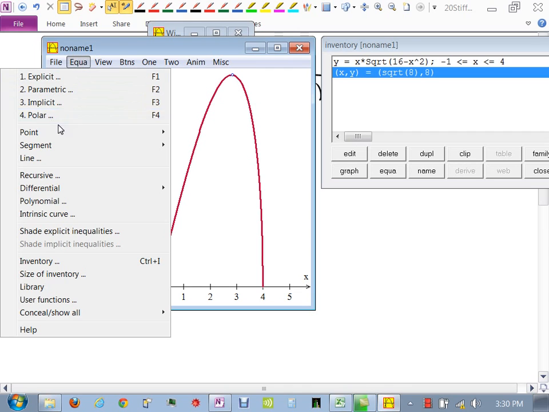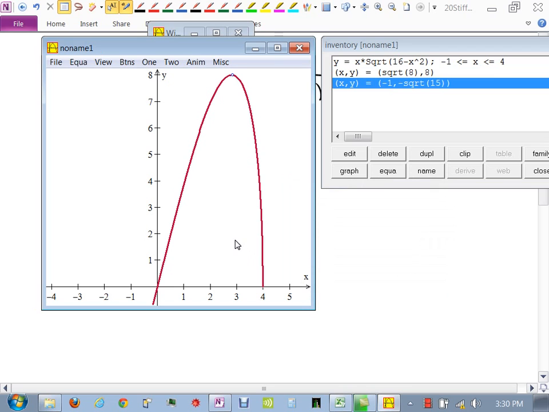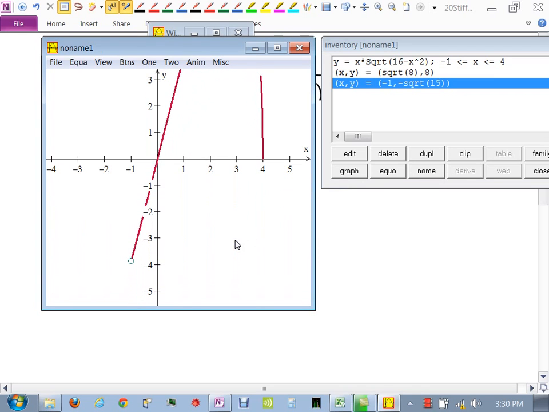And then the other one, I mean, we know that that's the minimum, but let's see if we got the right value. Negative 1, and then it was negative square root 15. I'll make this one a little bigger. There. So it popped it in right there. Okay.